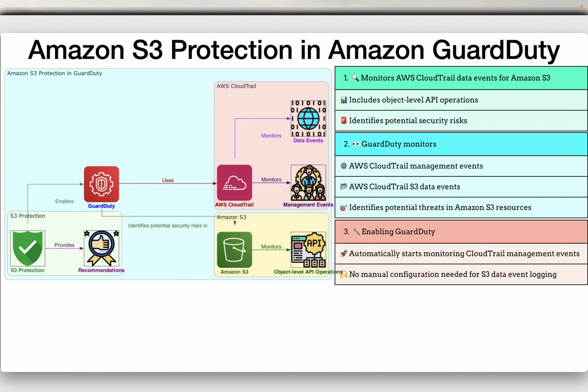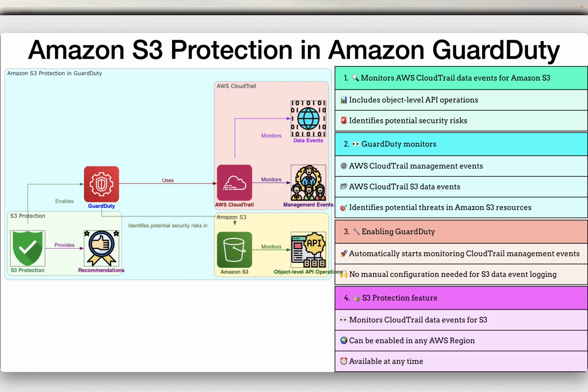When you enable Amazon GuardDuty for an AWS account, GuardDuty starts monitoring CloudTrail management events. You don't need to manually enable or configure S3 data event logging in AWS CloudTrail. You can enable the S3 protection feature that monitors CloudTrail data events for S3 for any account in any AWS region where this feature is available within Amazon GuardDuty at any time.